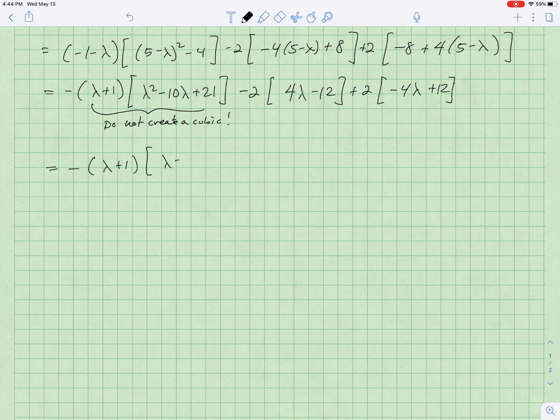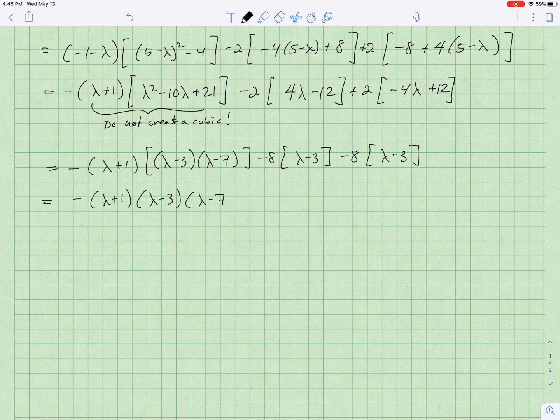This is lambda minus 3 times lambda minus 7. This is negative 8 times lambda minus 3. And this is also negative 8 times lambda minus 3, or negative lambda plus 1 times lambda minus 3 times lambda minus 7 minus 16 times lambda minus 3.